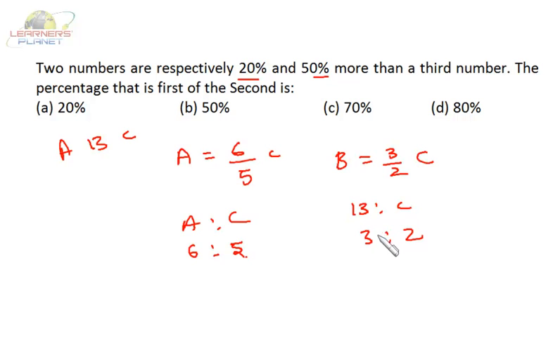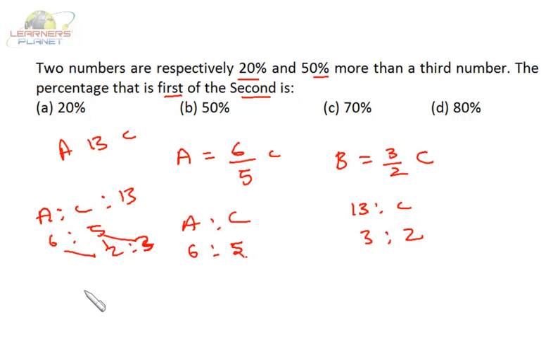We have to combine A, B and C, since we have to find the ratio of first and second. So A is to C is 6 is to 5 and C is to B is 2 is to 3. Here B is to C is given, I'm just writing C is to B over here.